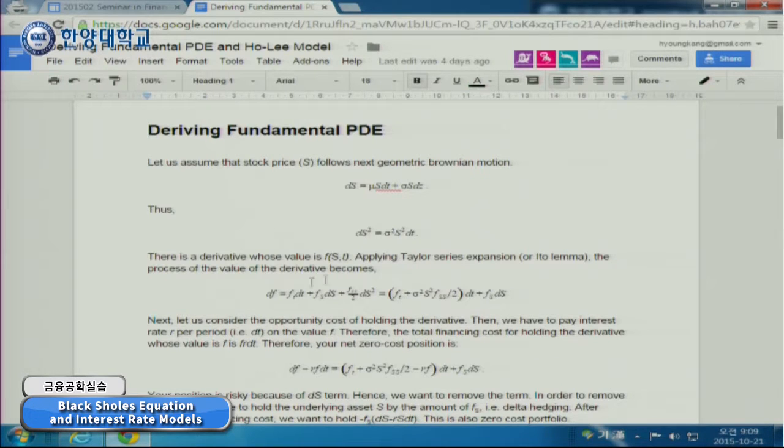Therefore, we decompose df into the deterministic term and the stochastic term, which is in turn driven by the underlying asset. As you can see, this is the revenue process of investing in derivatives. Then what is the cost? Let's consider the opportunity cost of holding the derivative.